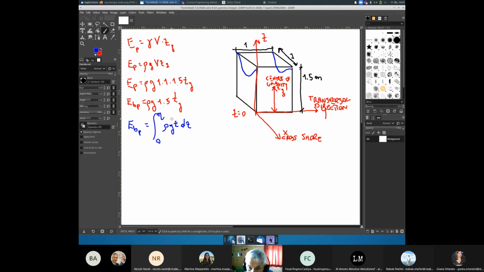And when I move along the x direction, this eta again is continuously varying because it's a wave. And for this reason, I need to refer to an average situation. And I didn't have this necessity before because in the cubic shape the center of gravity was already indicating an average situation for the cube.